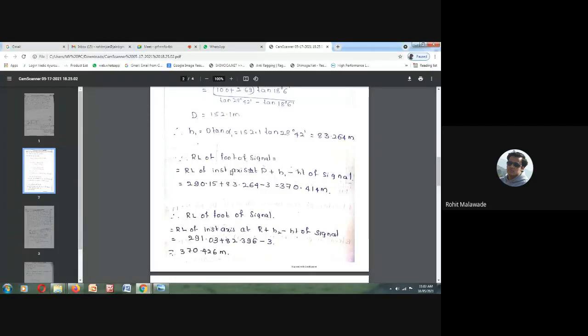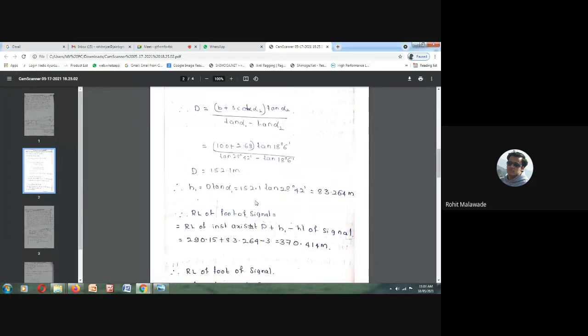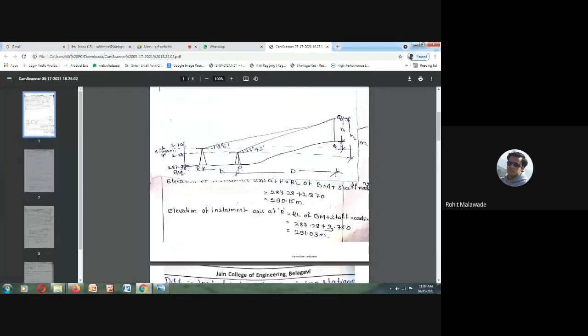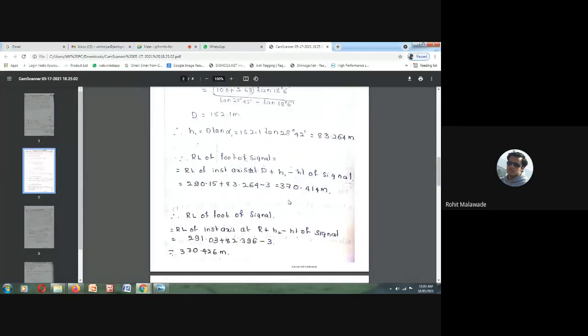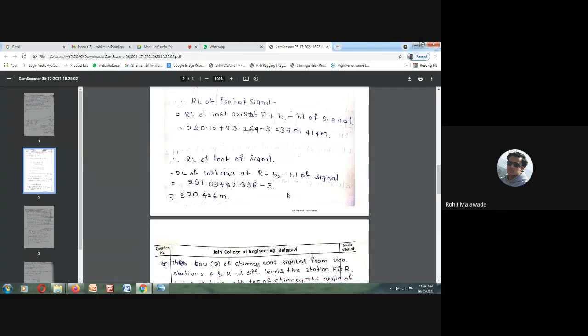Here the RL of the instrument axis P, we have already calculated it. It is 290.15. H1, D tan alpha 1, we have determined as 83.264, minus staff reading. Here we want the reading at the point Q. In order to ascertain the elevation of point Q, we are going to determine the elevation of the foot of the signal.